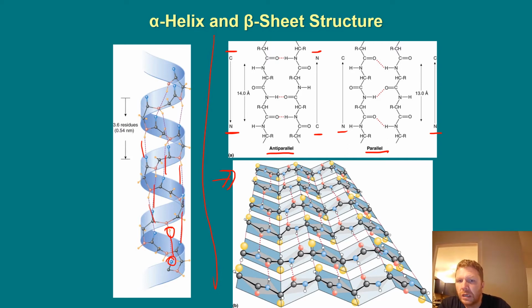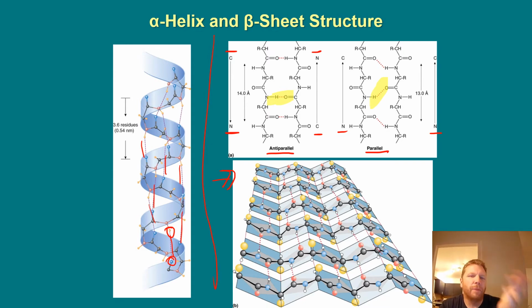Now, the difference between these is that in your anti-parallel sheets, look at those. Those hydrogen bonds are straight. If you compare, let's go ahead and I'm going to highlight this hydrogen bond to looking at a parallel option, this hydrogen bond right here. That hydrogen bond within the anti-parallel representation is straight and it's shorter.